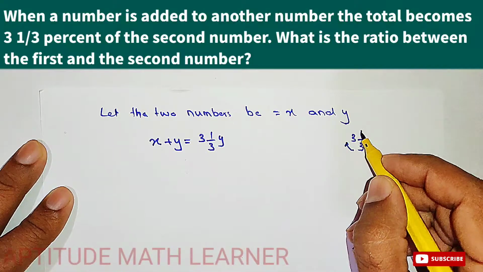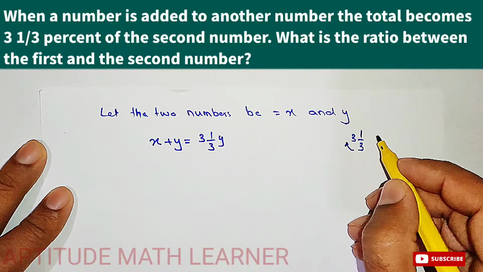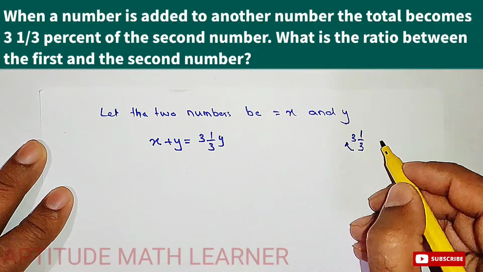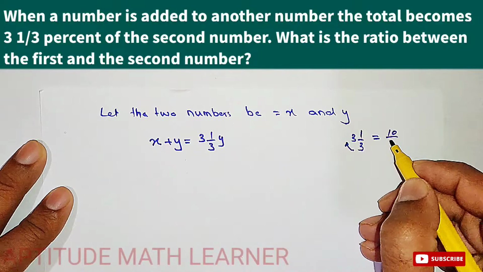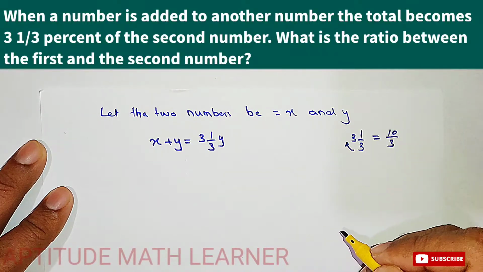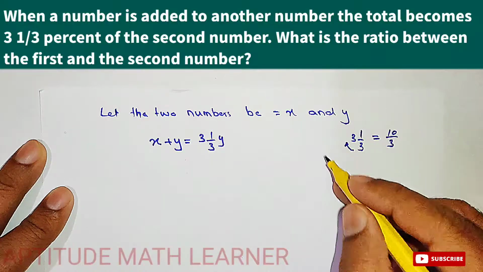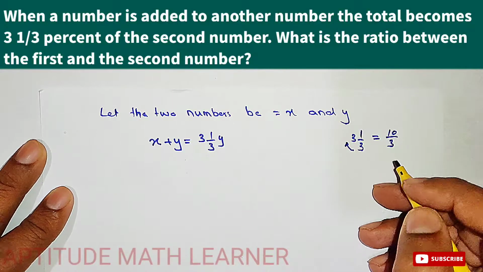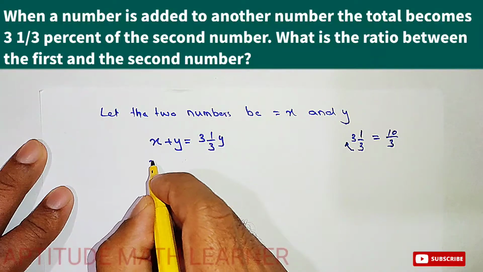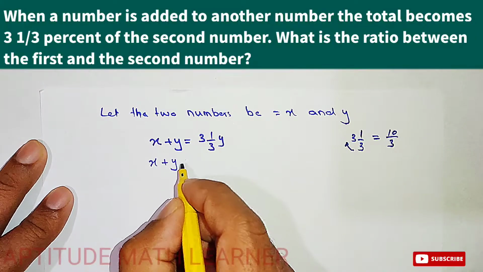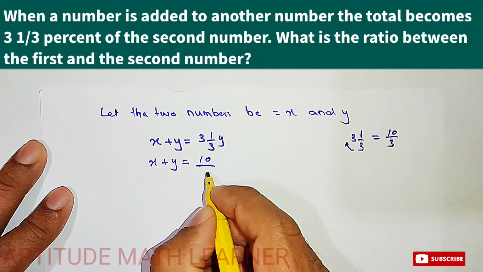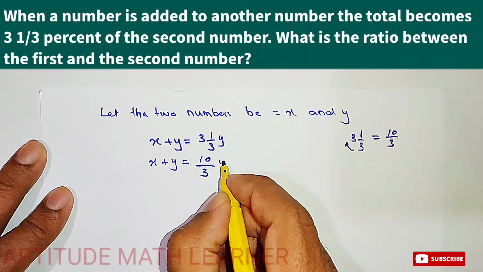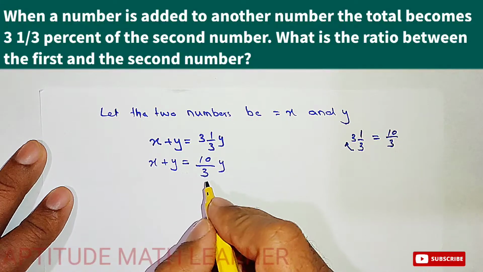And here we are having 1 plus, and we add it with the above portion, and this becomes 10/3. I hope you have understood this complete thing. Now it becomes x plus y is equal to 10 divided by 3 y.